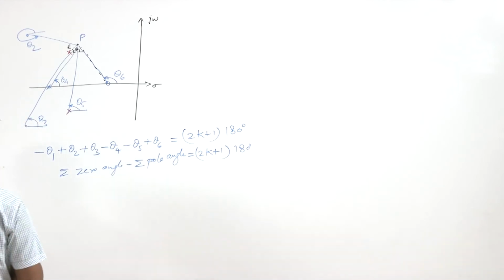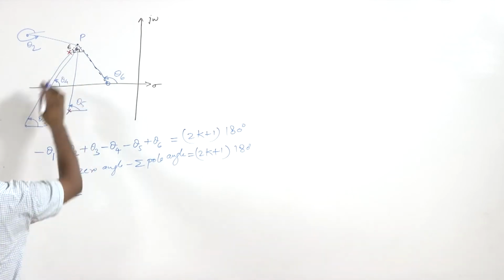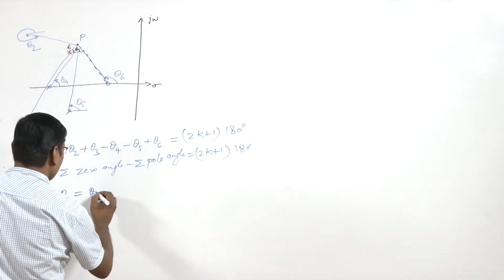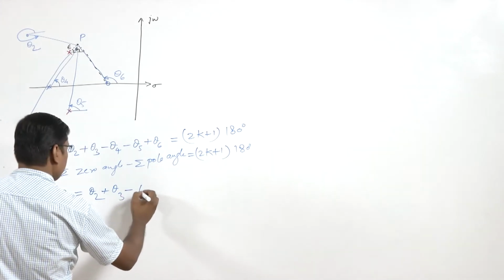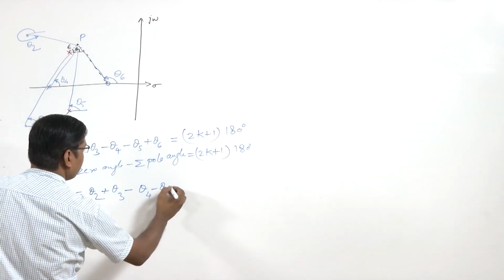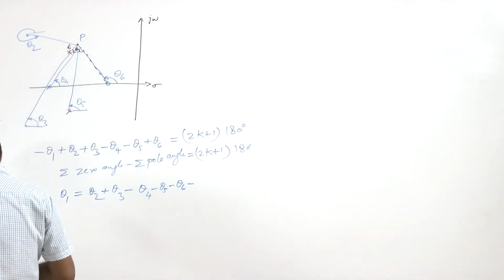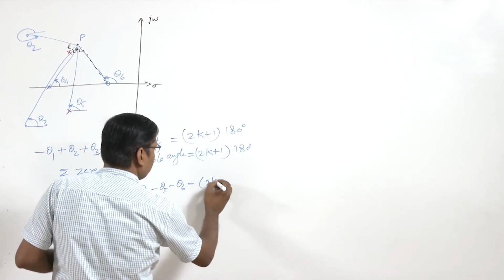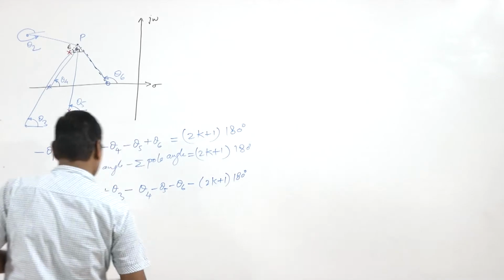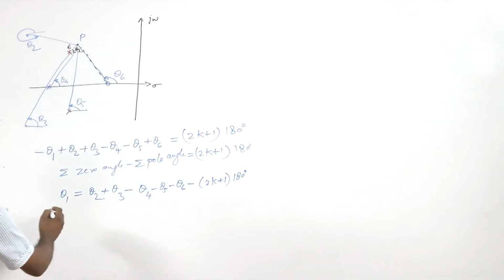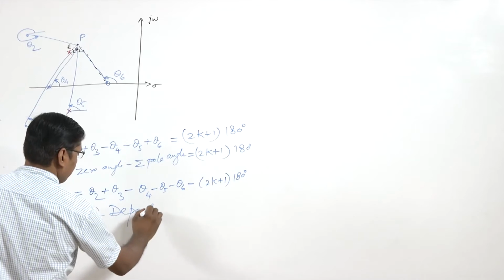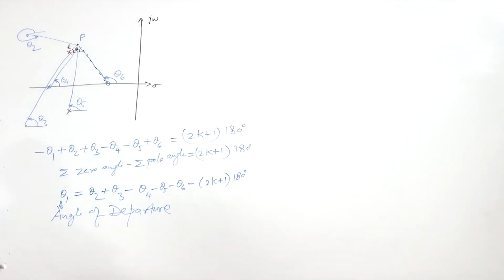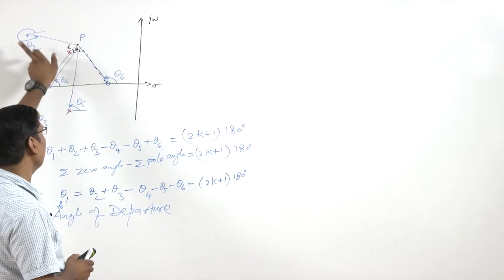Because we want to calculate theta 1, we can write theta 1 equals theta 2 plus theta 3 minus theta 4 minus theta 5 minus theta 6 minus (2k plus 1) times 180 degrees. This theta 1 is the angle of departure, the angle through which the root locus will depart.